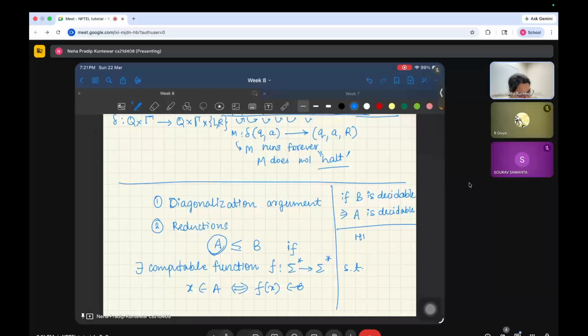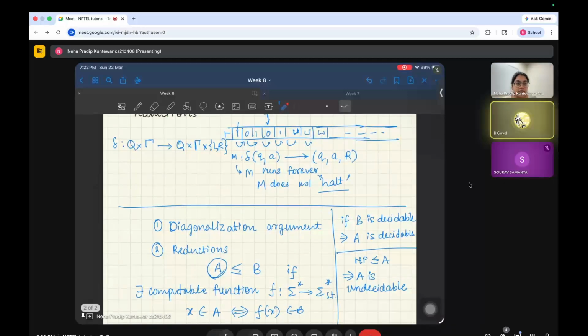Then I'll reduce HP to A. Okay, and since HP itself is undecidable, that means A must be undecidable. So it's just the contraposition of the previous statement. So this would imply that A is undecidable. So if you want to show something is undecidable, you reduce some hard problem to it. If you want to show it is decidable, you reduce that problem to some easy problem. So it's just that the direction is opposite depending on what you want to show.